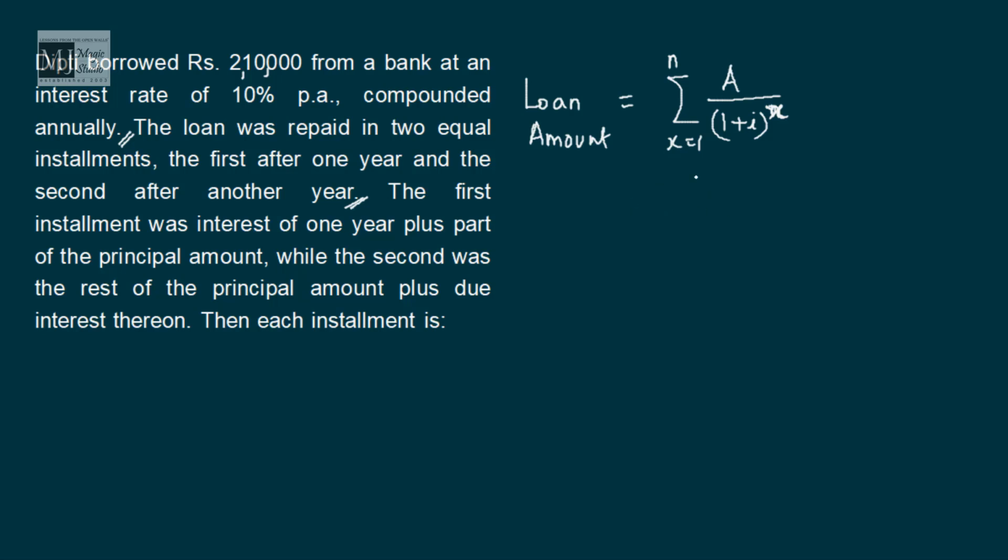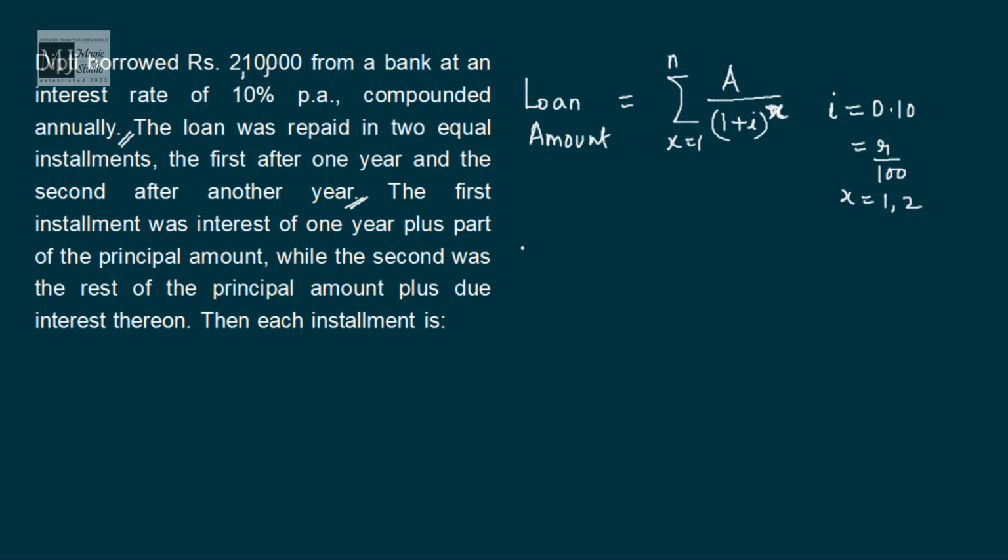In our case, n is 2, and i is 10%, that is 0.10 because i = r/100. And x will assume values 1 and 2.